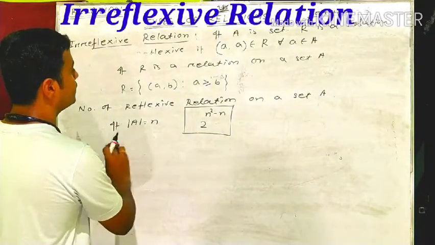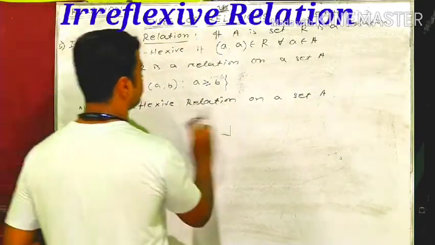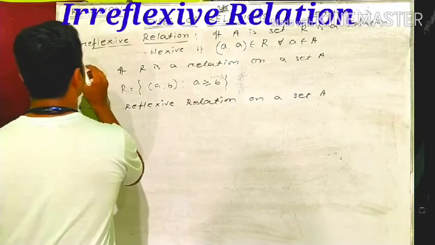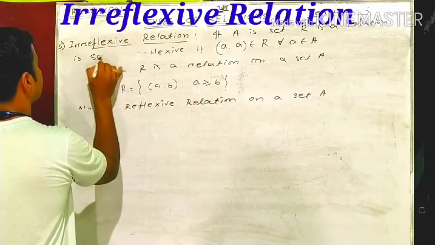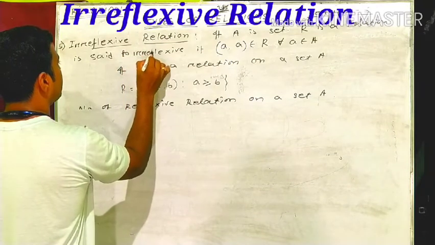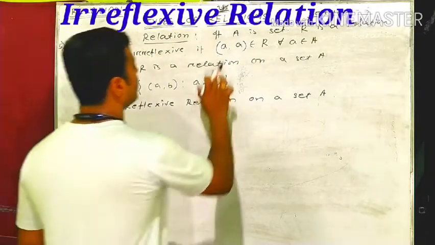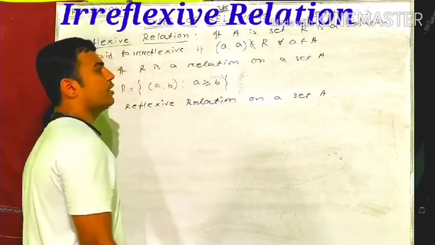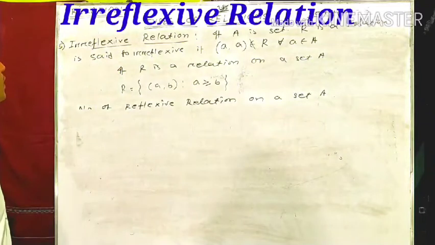Irreflexive relation means a relation R is said to be irreflexive if (a, a) does not belong to R for all a belongs to A. This is called an irreflexive relation.